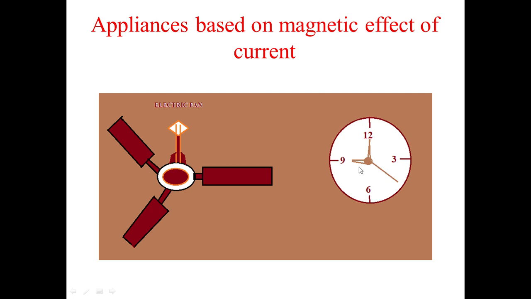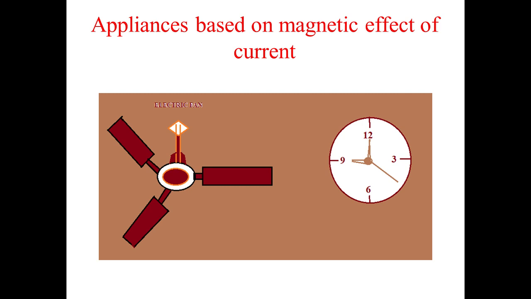That battery provides the electricity, and because of that a small magnetic field is generated which rotates the minute hand, hour hand, and second hand. So this is all about appliances which are based on electric and magnetic effects.